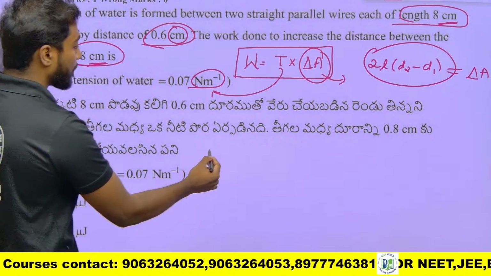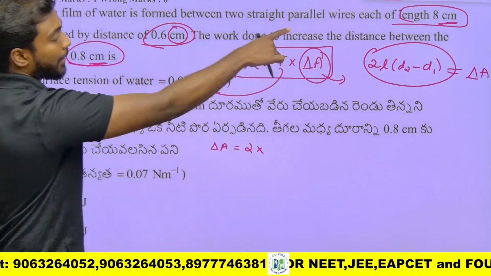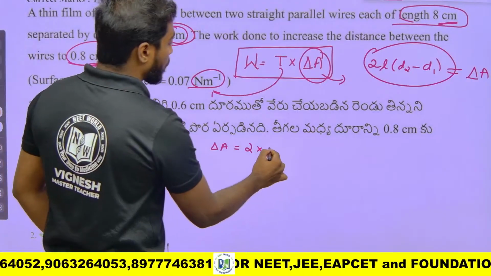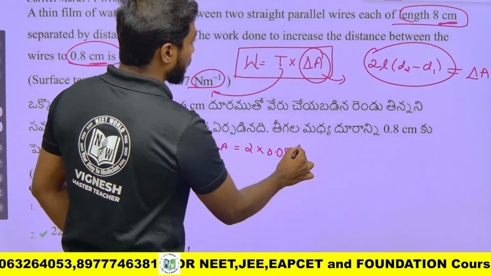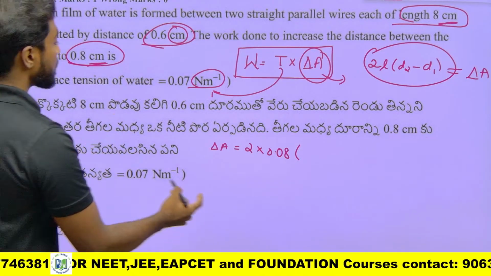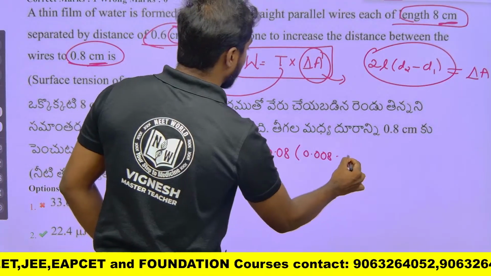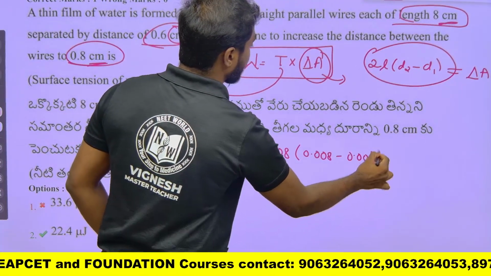So delta A will be equal to 2 into 8 centimeter, so 0.08 meter, into d2 minus d1, which is 0.8 and 0.6 centimeter. So that is 0.008 minus 0.006.